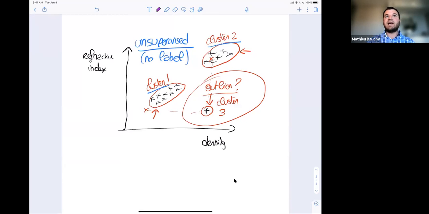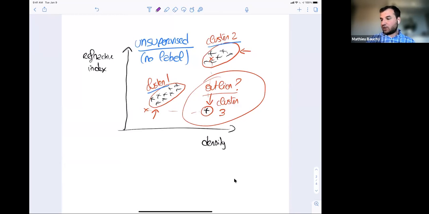If you don't have any label that you can predict, the only thing you can do is look at the glasses that you have and see if there seem to be groups of data points that behave similarly to each other.